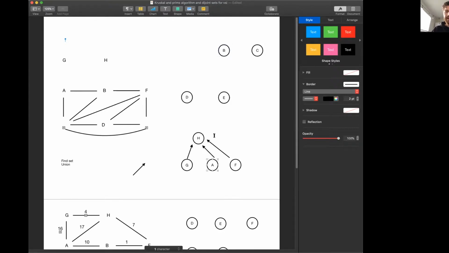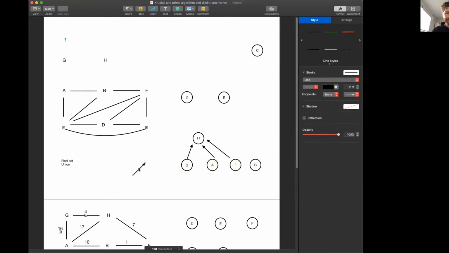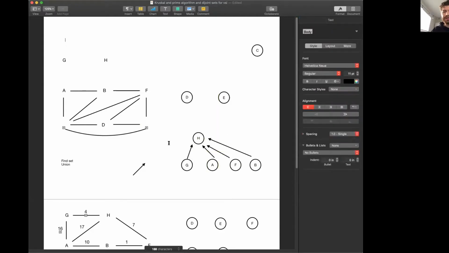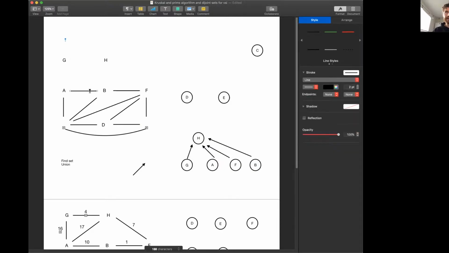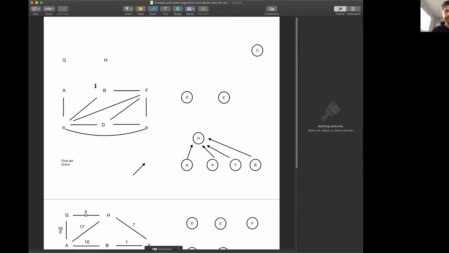Well, clearly they do. So I'm going to call union on them. And since H is bigger, I'm joining B to the disjoint set of H. Just to keep in mind here, we're not doing any work for minimum spanning trees. We're just examining the disjoint set data structure and seeing how it's working. So I processed this edge, I get rid of it.